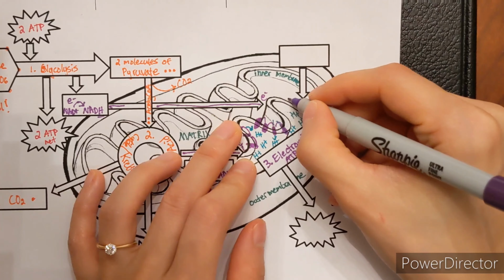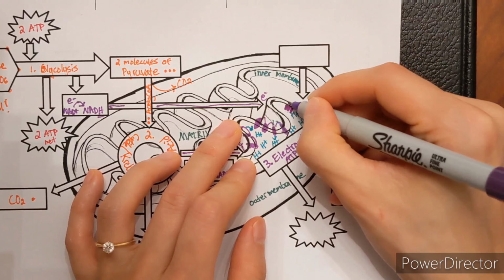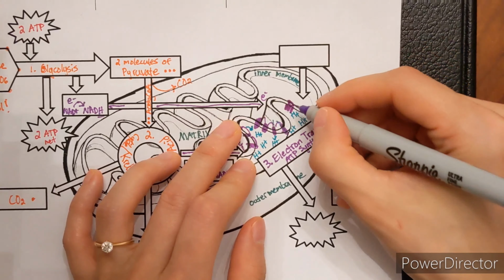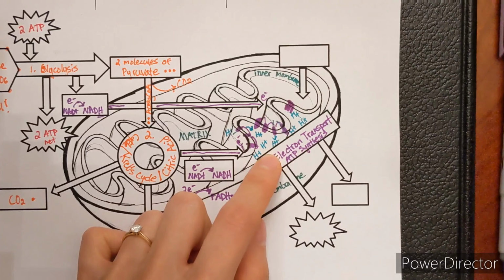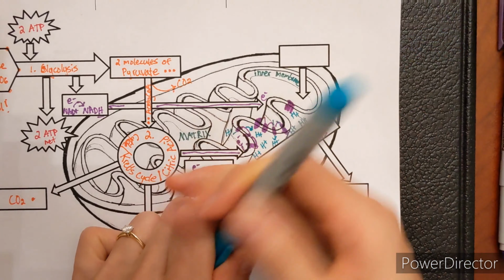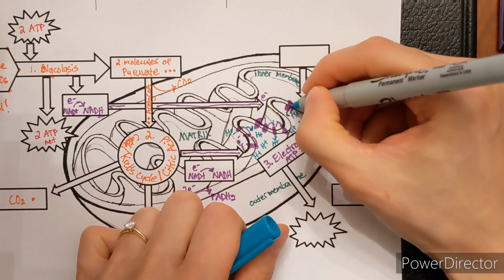Now, just like in the chloroplast, we have our friend, the ATP synthase, a very special protein channel that allows facilitated diffusion of these hydrogen ions back through into the mitochondrial space. So the hydrogen ions can flow back through this guy to their low concentration where they want to go.